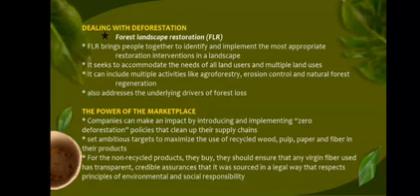Okay, this is the power of the marketplace. The first one is that companies can make an impact by introducing and implementing zero deforestation policies that can clean up their supply chains.